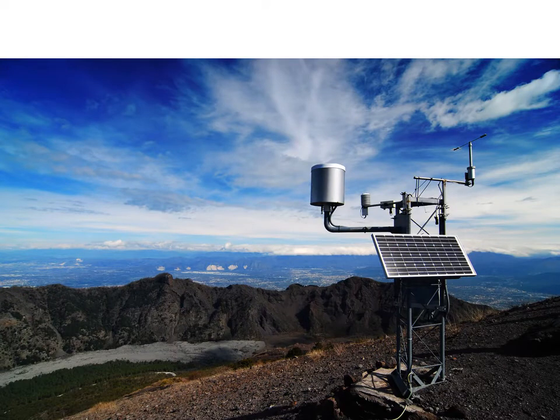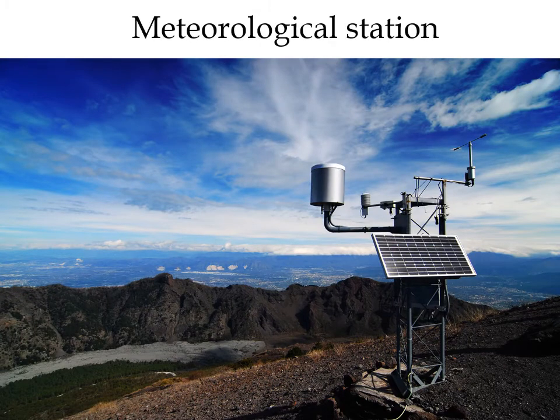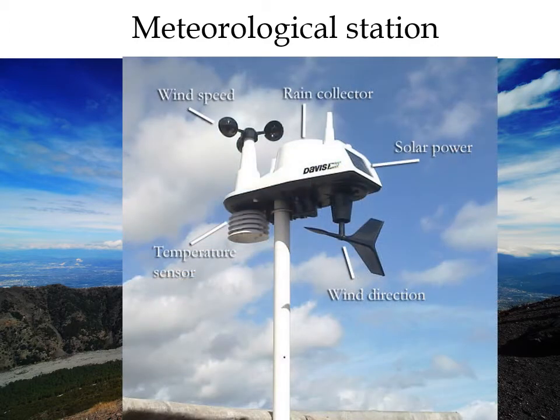And this is a meteorological station that has the different elements that allow us to know the different elements of this atmosphere. This is an anemometer that studies the wind speed, a rain collector to measure the amount of rain, and this plate that studies the solar power.